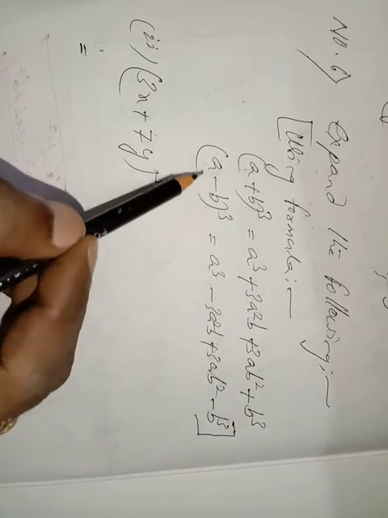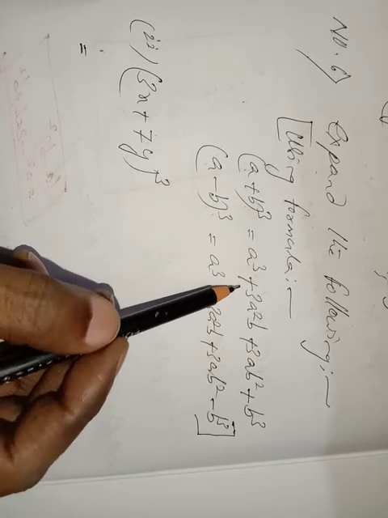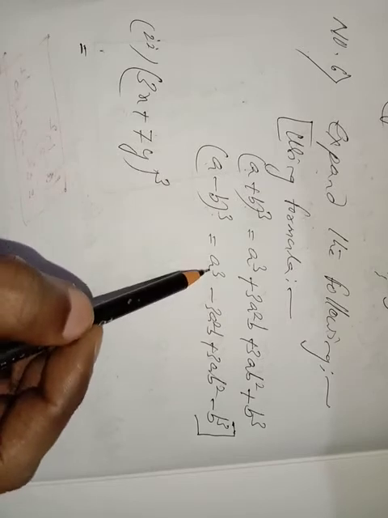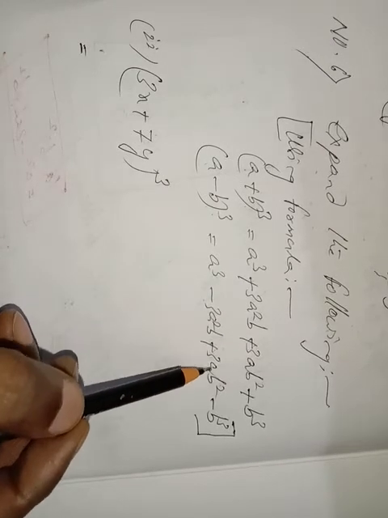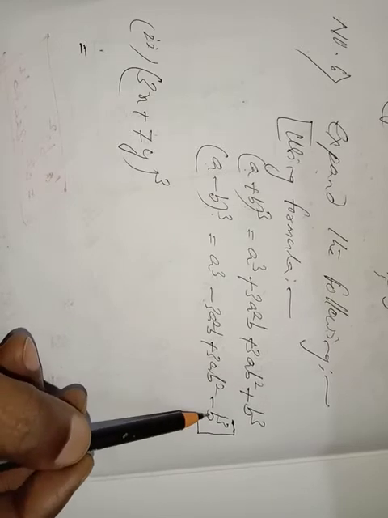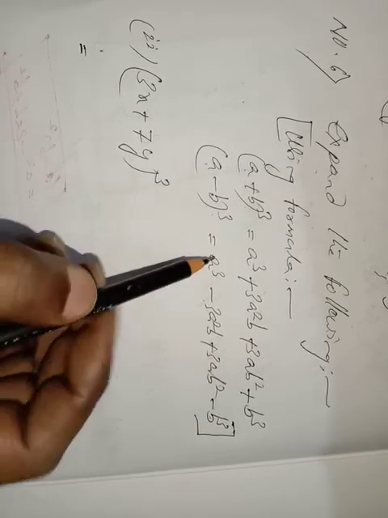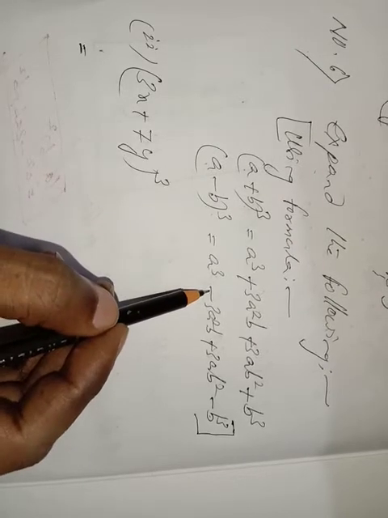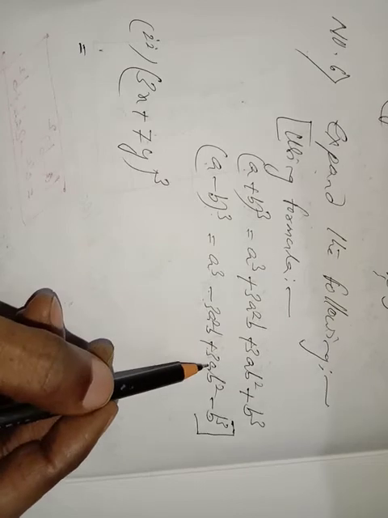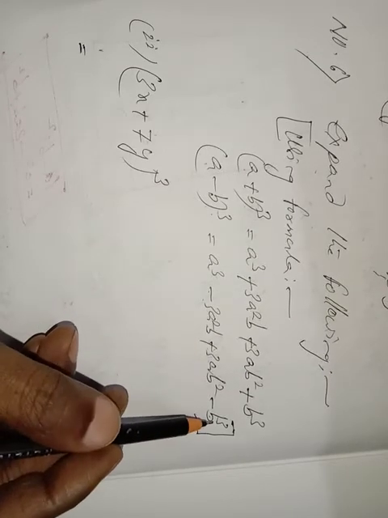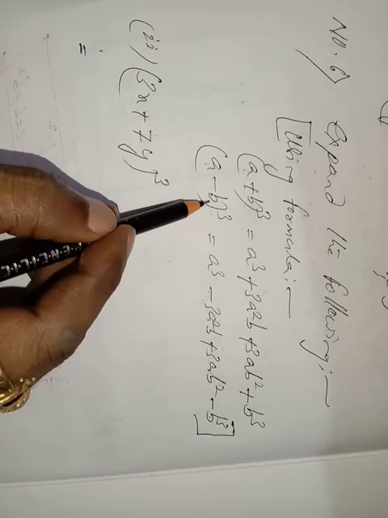Next we are going to (a minus b) whole cube. You see it is the same thing, only a slight minus sign will come here: a cube minus 3a square b plus 3ab square minus b cube. Whenever (a minus b) whole cube is given, the formula will be a cube minus 3a square b plus 3ab square minus b cube. a means the first number, b means the second number.